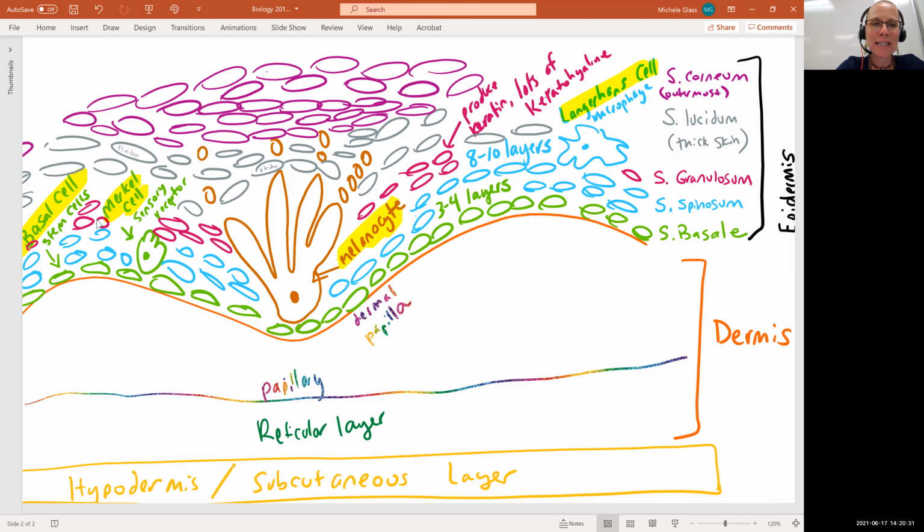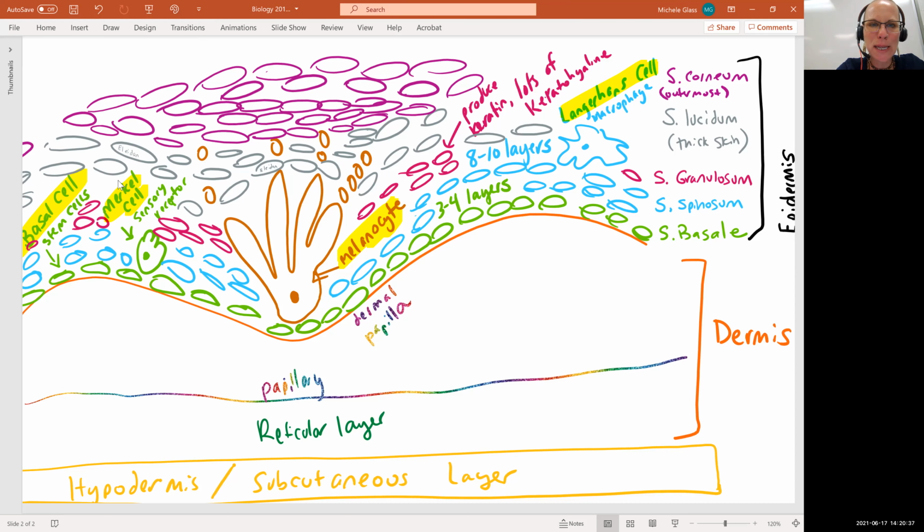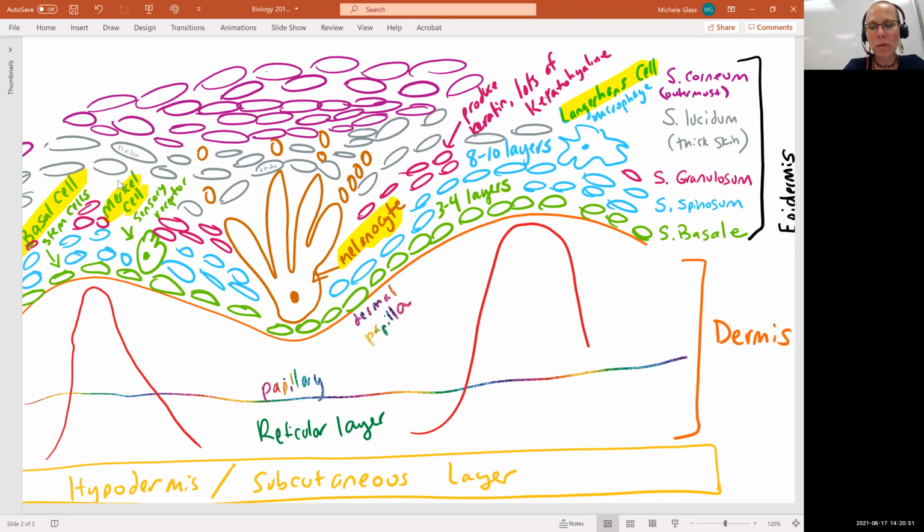Now here you're going to see my drawing skills are a little less than desirable. So what I'm going to illustrate next will be coming up through the reticular layer, up through the papillary layer, into those dermal papillae. We're going to have blood vessels. And so I'm just showing that with a red line here. And then here at the very top, this would be a capillary.